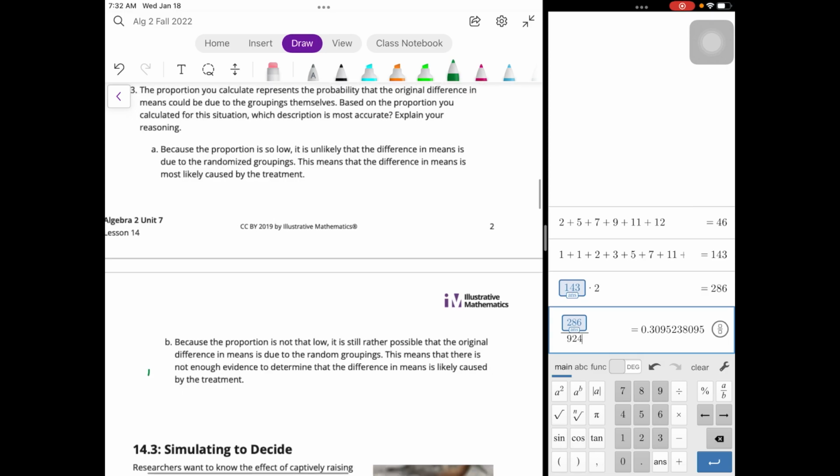And I'm going to go with B because there's still a 31% chance, which is pretty high, that the original difference is due to the way the subjects are grouped rather than the treatment.